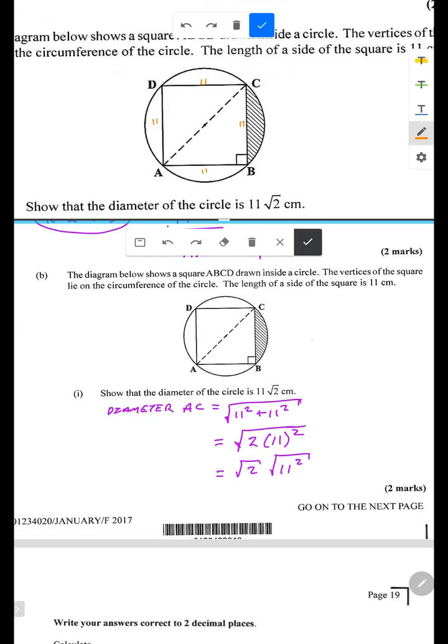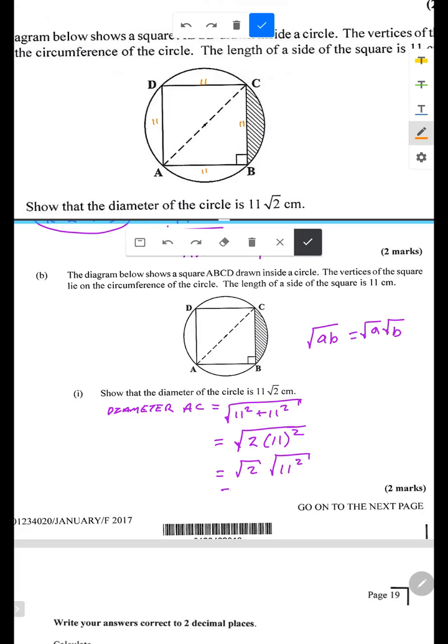Because if you have the square root of a product, the square root of AB is equal to the square root of A times the square root of B. So we need to break this out.